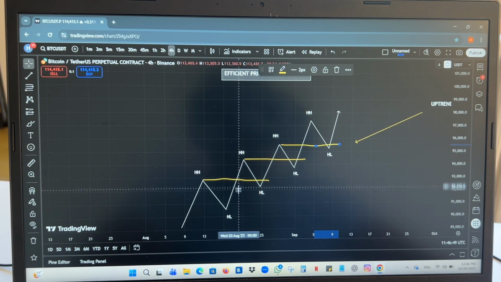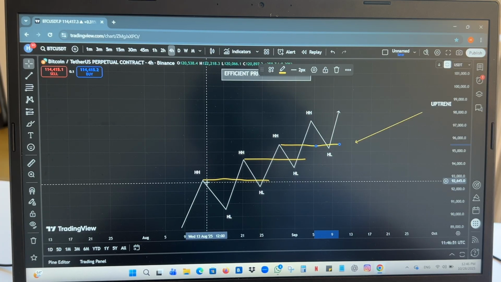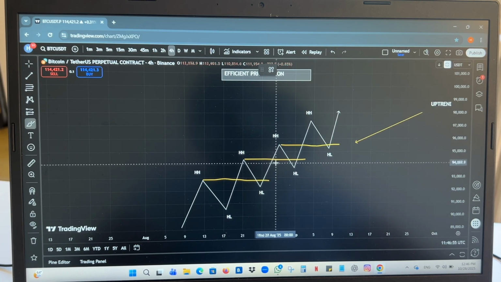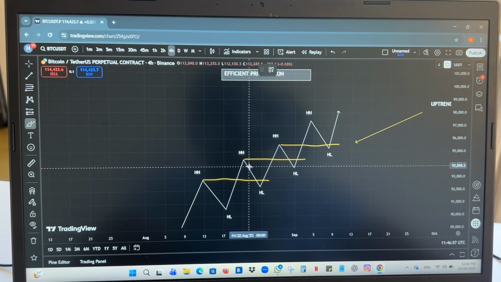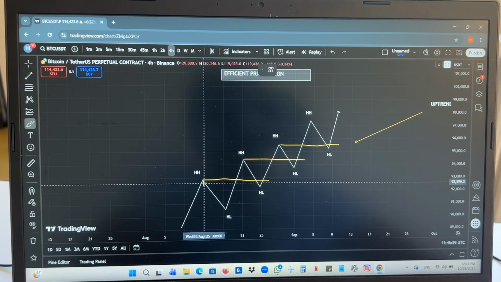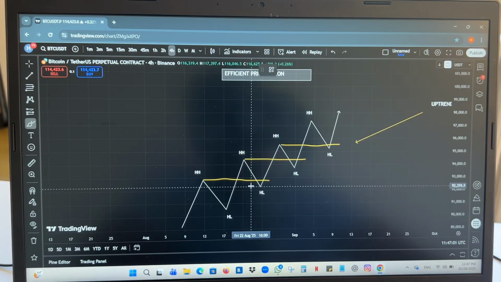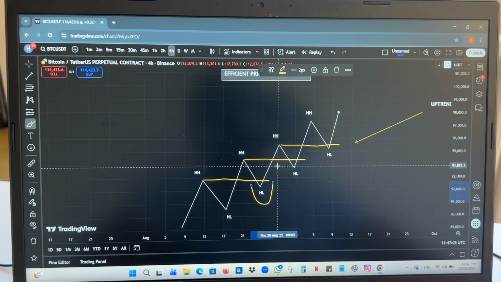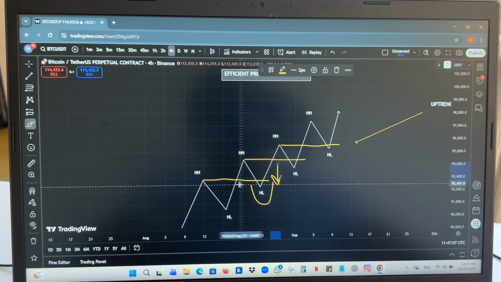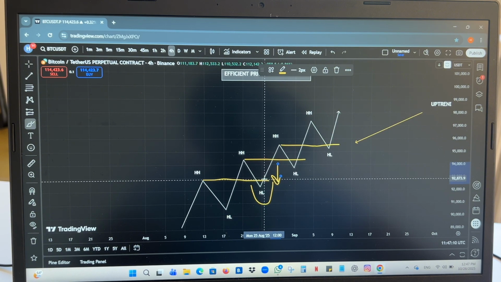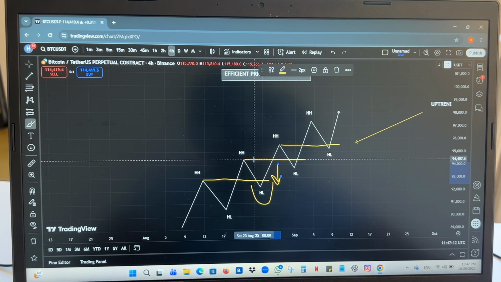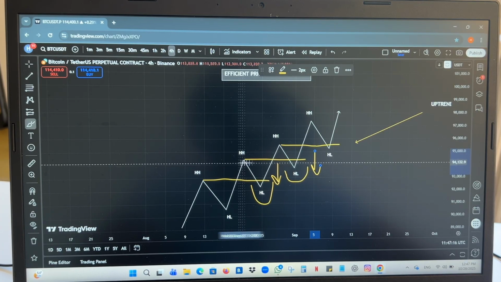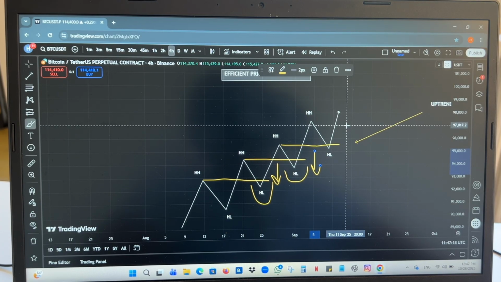By the looks of it, you can see that these higher lows have come a bit lower than the levels of the previous high highs. All of these have come lower than the high levels.